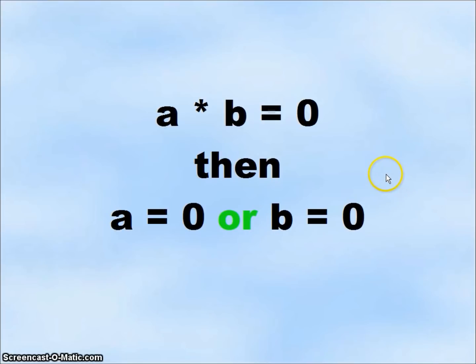So, either A is 0 or B is 0. And you may be thinking, yeah, anything times 0 is 0. Okay, cool. How can we use this? Well, it's going to be the way we solve quadratics.